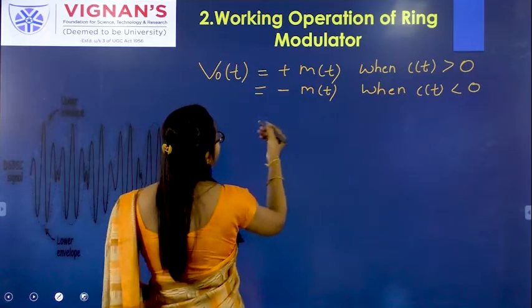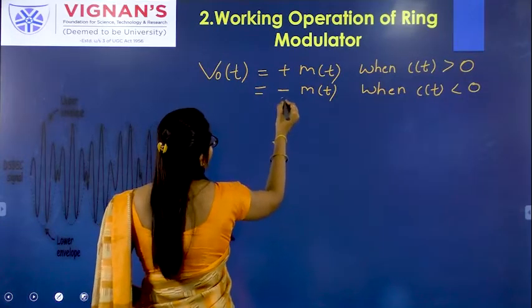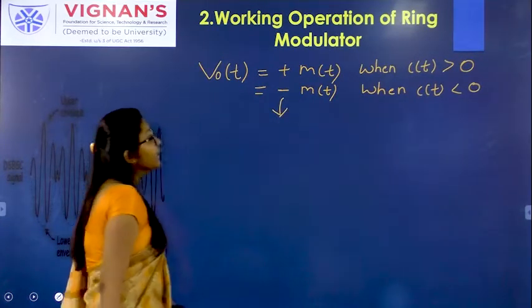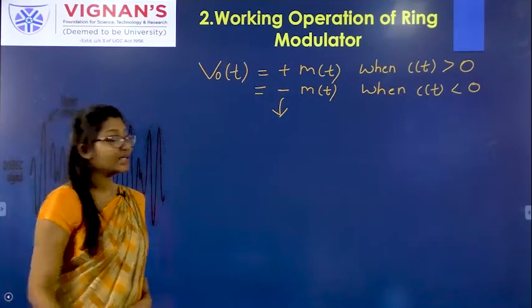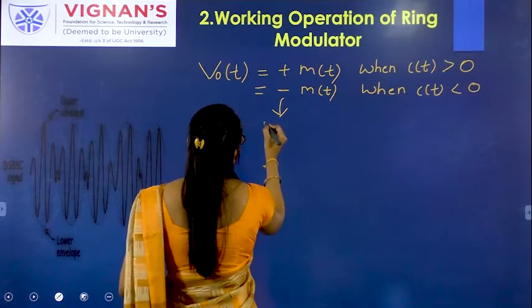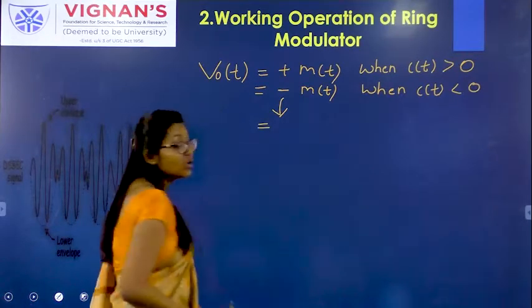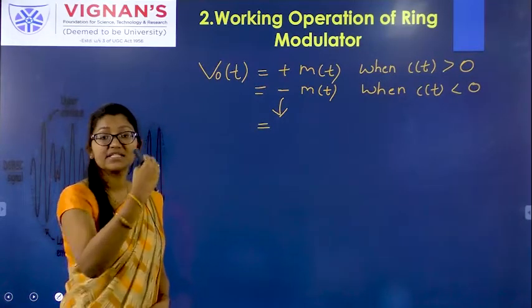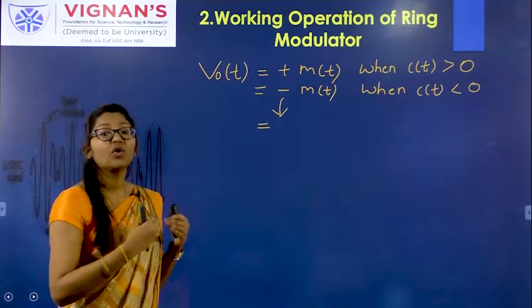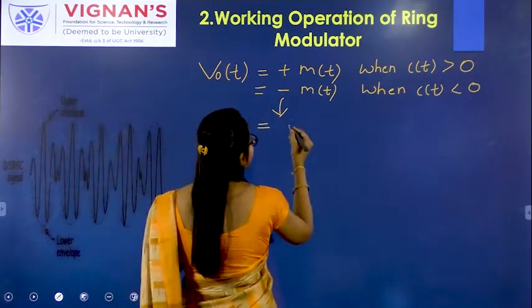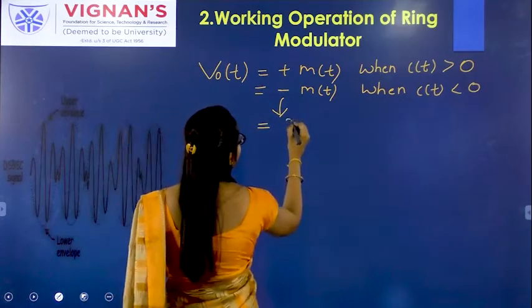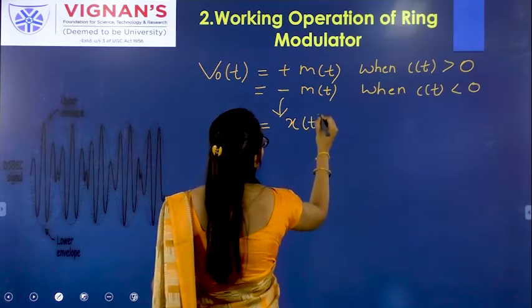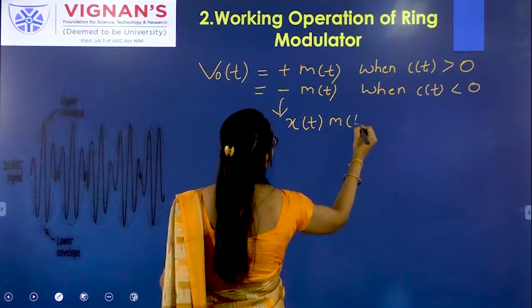So I am writing plus and minus with respect to x of t, because the diode is switching between on and off. By showing that switching, I am representing it with x of t times m of t.